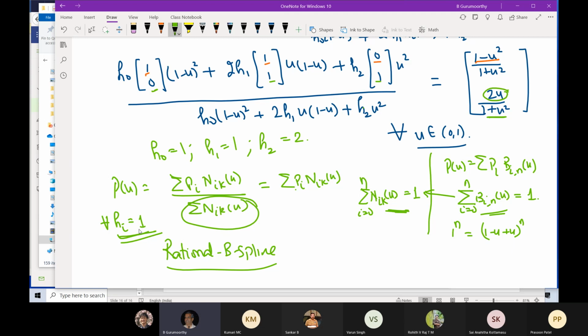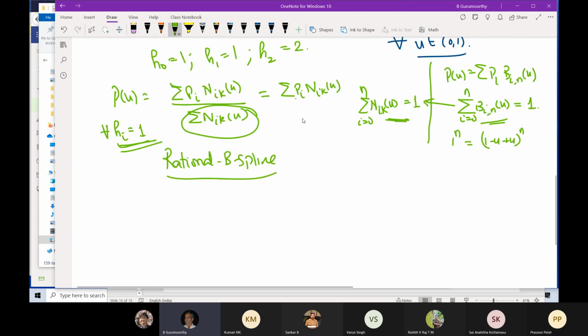And the special case of that, where all the weights happen to be 1, is the regular spline that we have been talking about so far. So that's one good thing, right? Why? Because then I can cast every curve in this form and write this. The elegance actually will be more clear in a minute, but right now let me just stay with this.